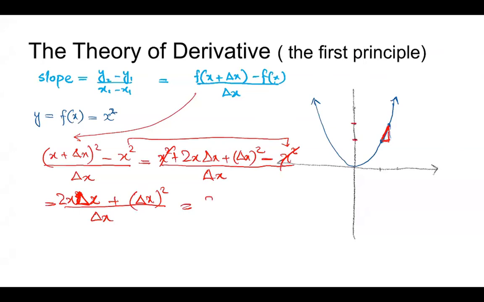So this will become 2x delta x over delta x plus delta x squared over delta x.